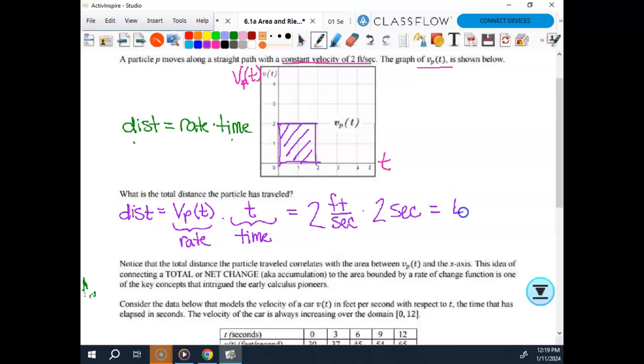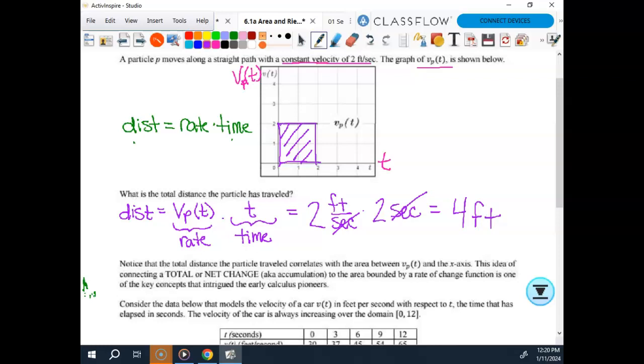So 2 times 2 is 4. When we do that, the seconds cancel out, and I get 4 feet. And if you think about it, if you're traveling 2 feet per second for 2 seconds, that's going to be 4 feet. I know you can figure those things out when you think about it, but we kind of need to think more about how it's actually working and write some stuff down.